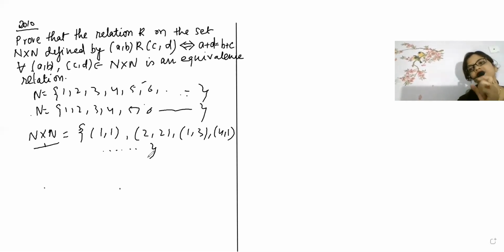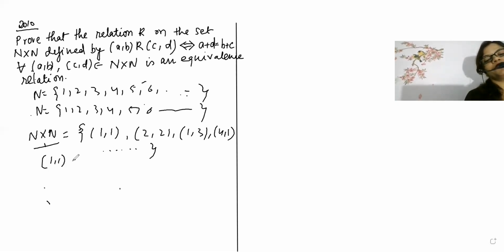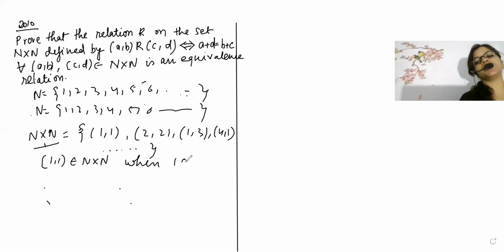These elements are ordered pairs of N cross N. So all these elements, (1, 1), belong to N cross N. Though 1 belongs to the natural numbers, the ordered pair (1, 1) belongs to N cross N. You have to remember that these elements are exactly ordered pairs.